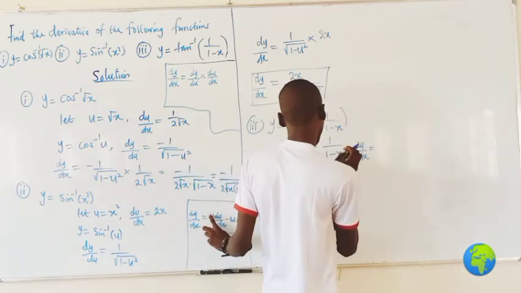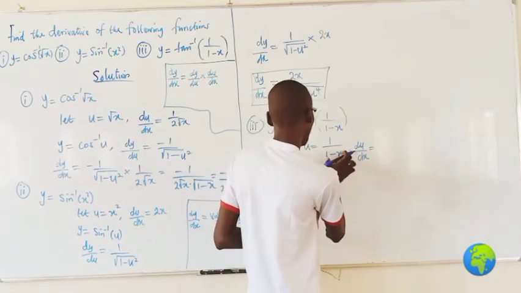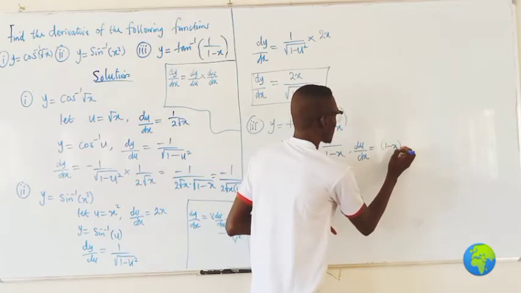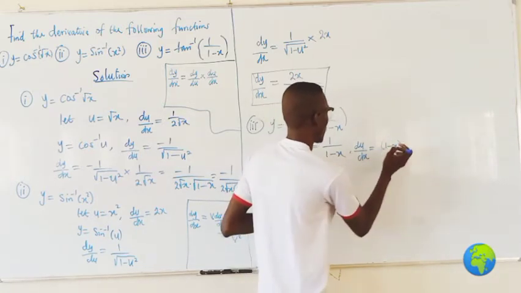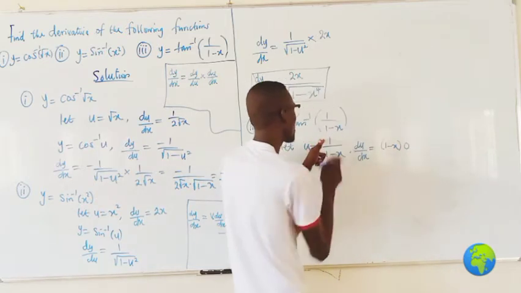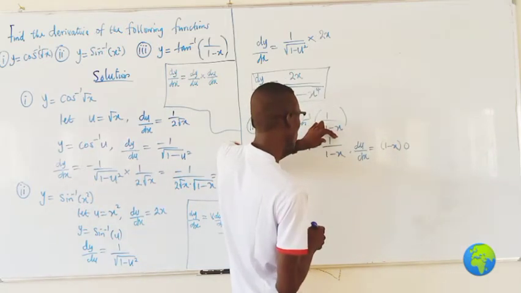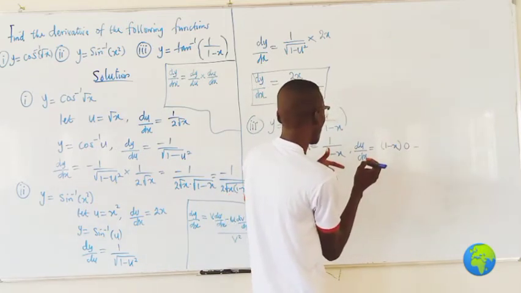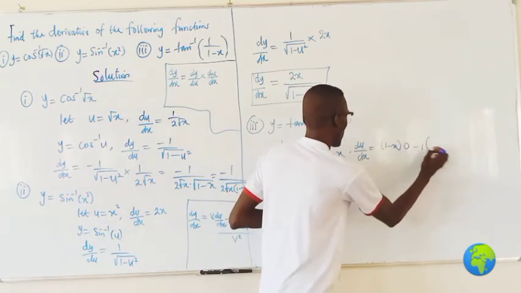So using the formula, what is our v? v is normally what is down, right? So v is 1 minus x. v du/dx is 0, because if you differentiate the constant, you get 0. Then minus u dv/dx. u is 1. Then what is dv/dx?